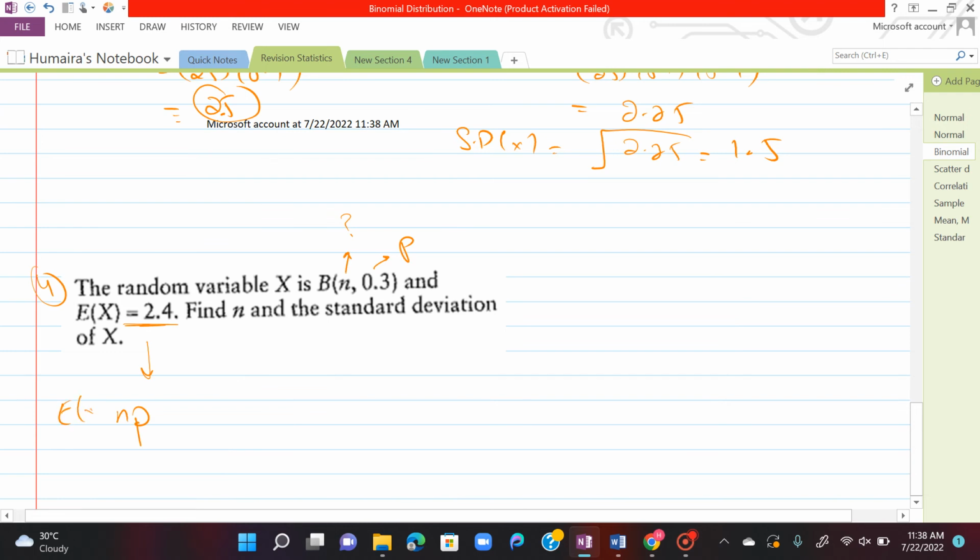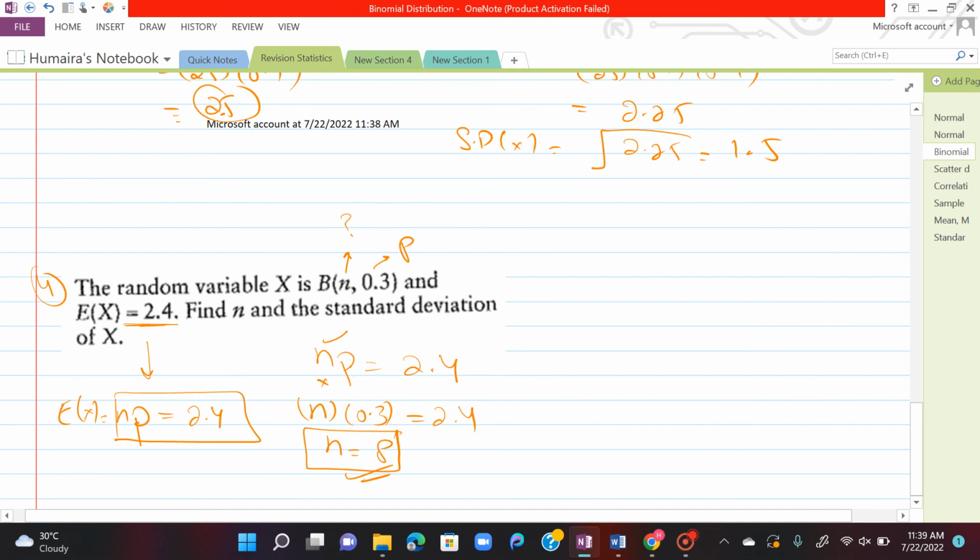So if the expected value formula is NP and it is known that it is 2.4, I can take NP equals 2.4. Do I have N? No. Do I have P? Yes, 0.3, so N remains N and P comes as 0.3. Plug in over here, simplify for N, you get N as 8.